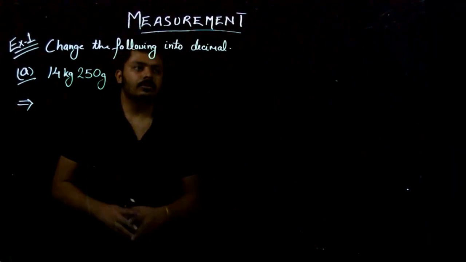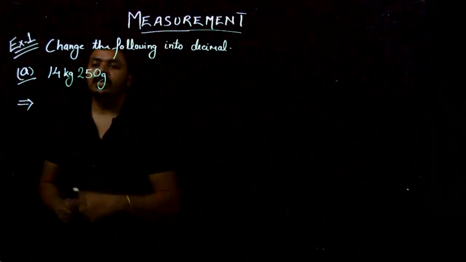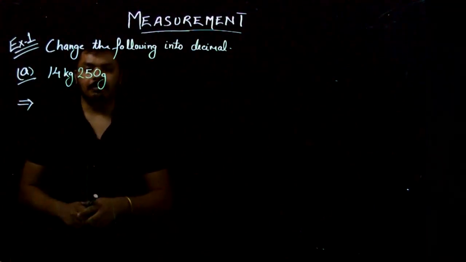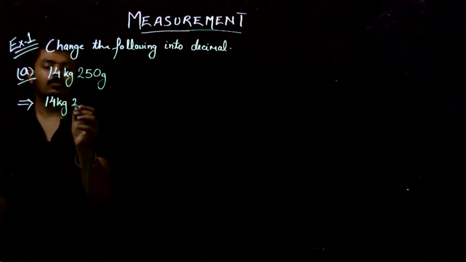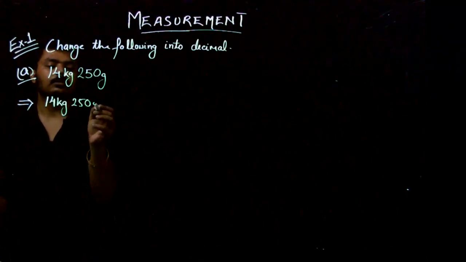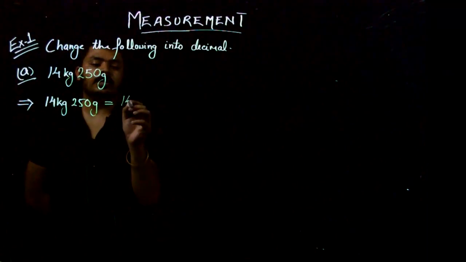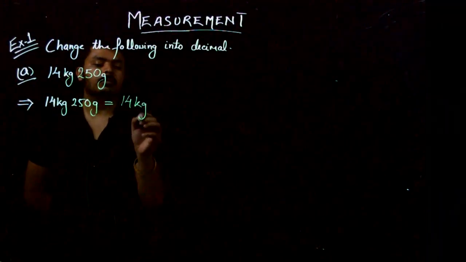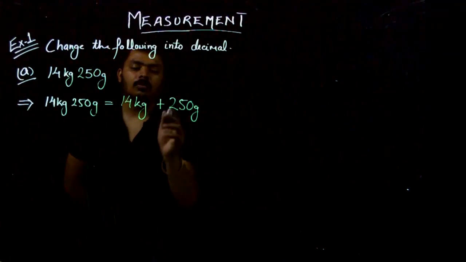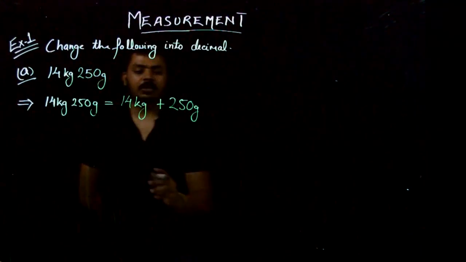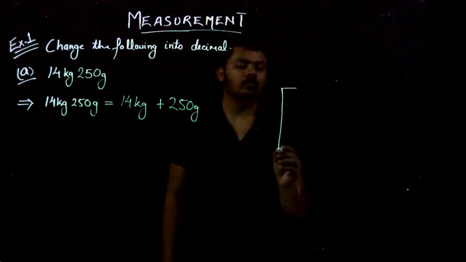Change the following into decimal. So let's start with part A, 14 kg and 250 grams. 14 kg, 250 grams can also be written as 14 kg plus 250 grams. Now to change it into decimal, we need to convert grams into kilograms.